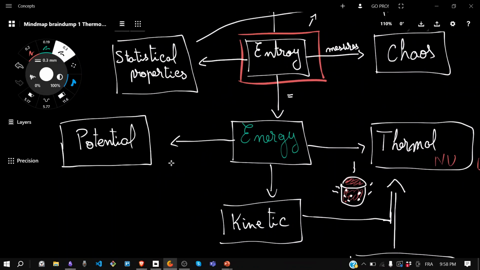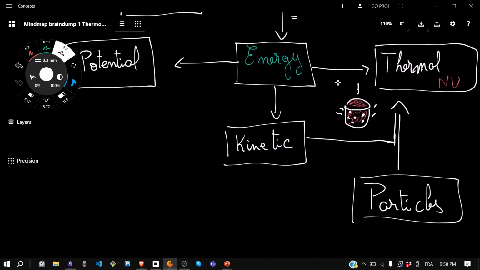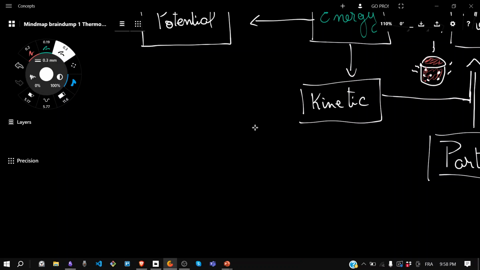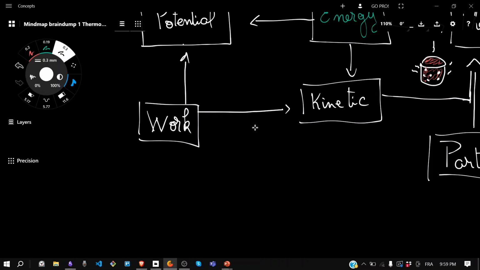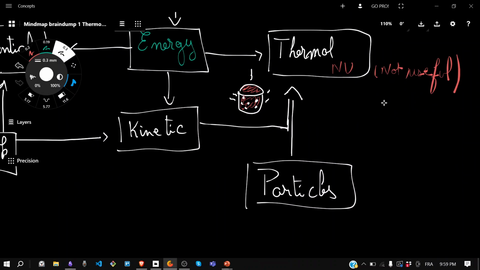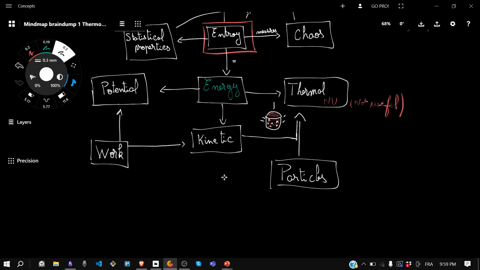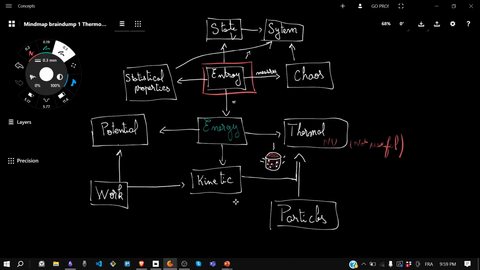In the potential and kinetic energies, work in creates potential and work out creates kinetic energy. We call this work. So work is important, and it is the useful and not useful part of this mind map.